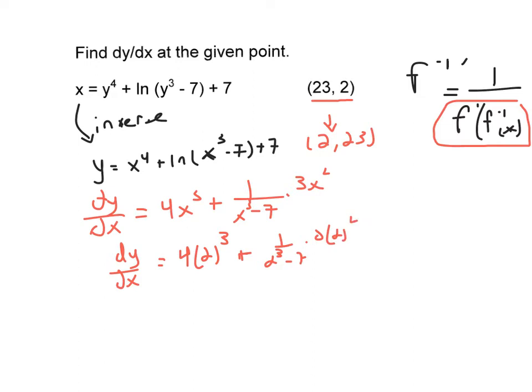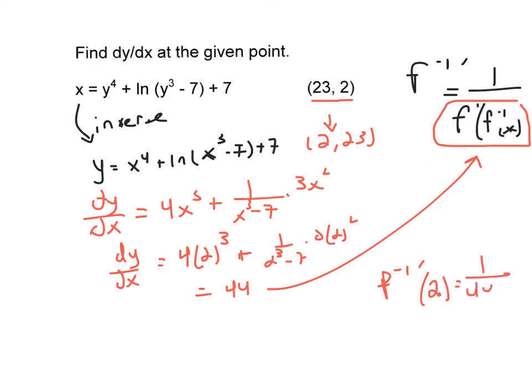And that comes out to 44. So if I plug that back in to my formula, that is literally your derivative of your inverse function given that x and y value. So my inverse derivative at 2 is really 1 over 44, because remember, it's just your reciprocal.